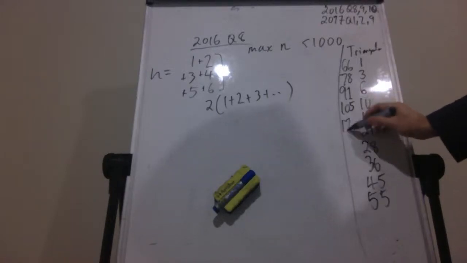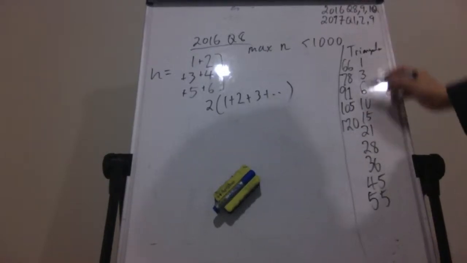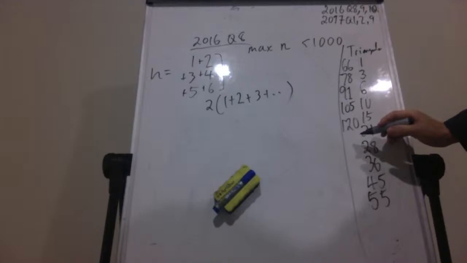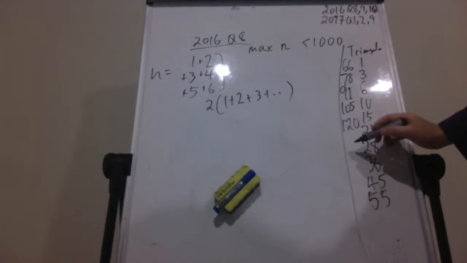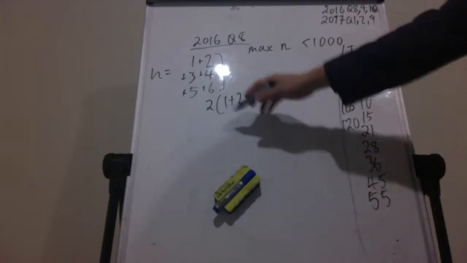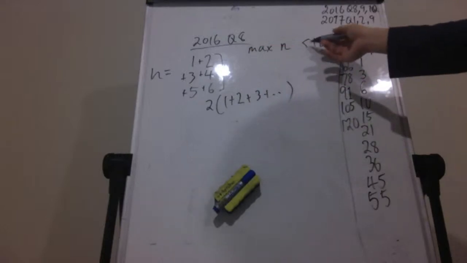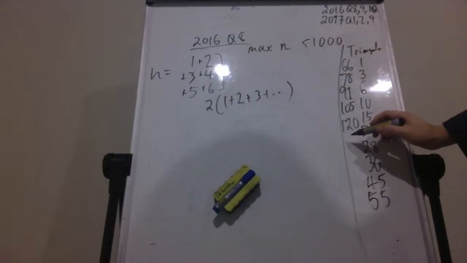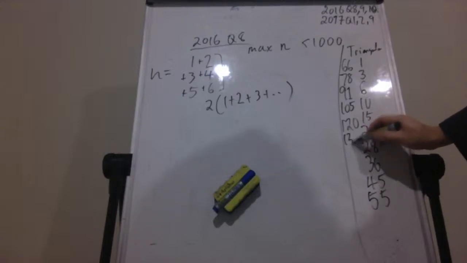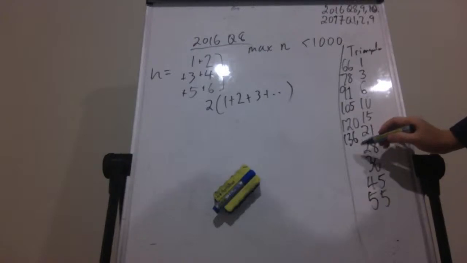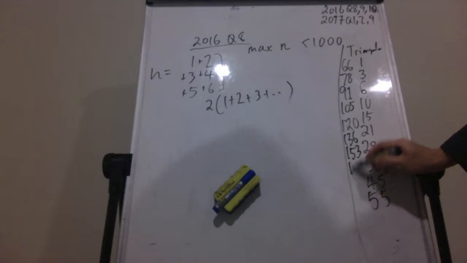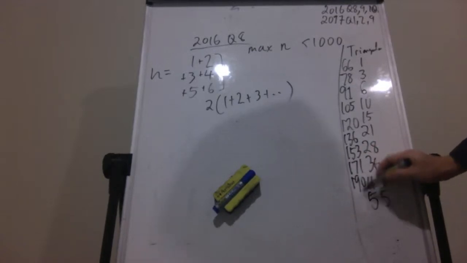66, 105, 120. Okay, it looks like there's a lot, but they start running out pretty fast, because you only have to go up to 250, right? Because this is 4 times the triangular number, so to get it less than 1,000, you only need to get to about 250. 136, 153, 171, 190.